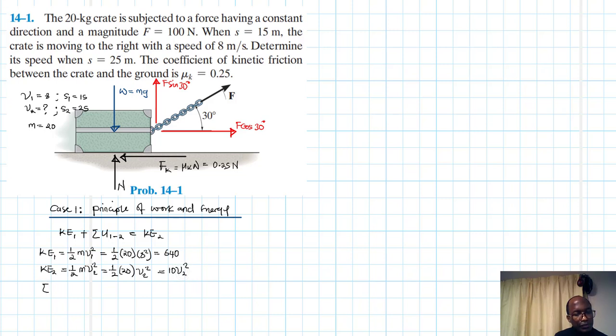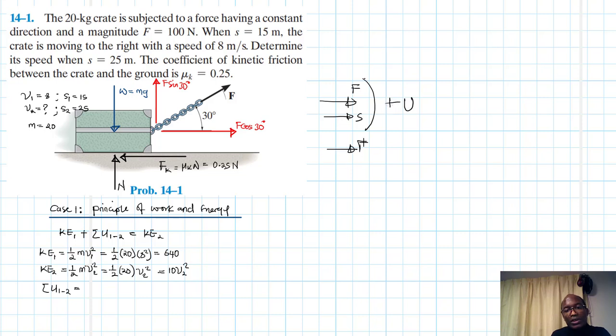Then the summation of the total work done in the system. For the translational force and the displacement, if both are in the same direction, we call this positive work.